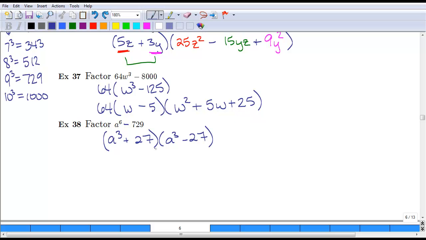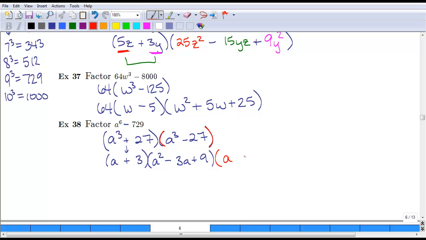So in this case, a cubed plus 27 is going to be a and 3 if we take the cube roots. Then we take a squared, multiply them together to get 3a, and square the last to get 9. Again, if you go through with the signs on the first one, you get plus, minus, plus. Then you have to look at this second set, which is going to produce the same numbers, just different signs.